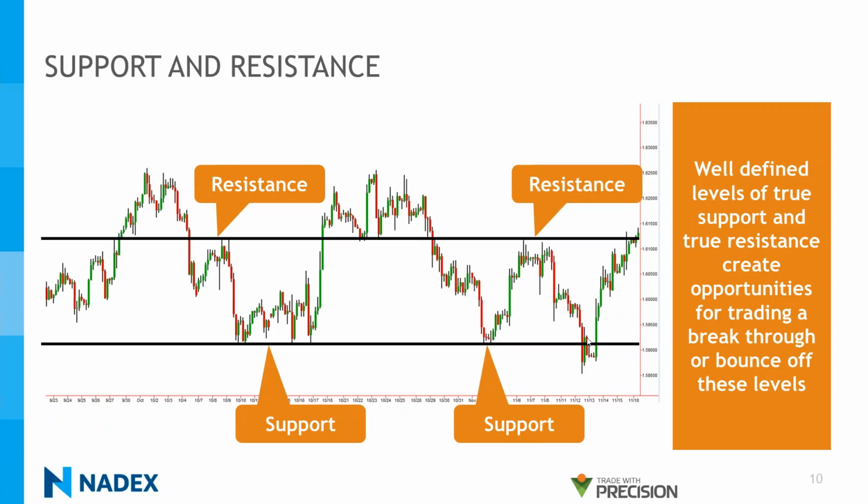So the broken support level now becomes resistance once the level is retested. The same thing with the resistance levels here. Once they are broken and then retested, they now become support in certain circumstances.